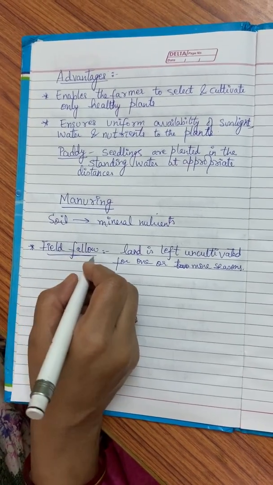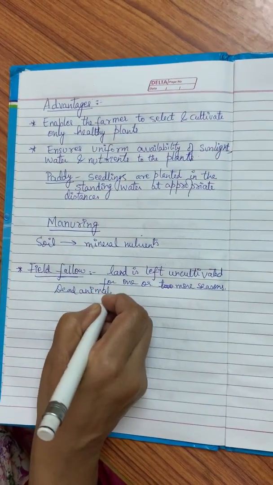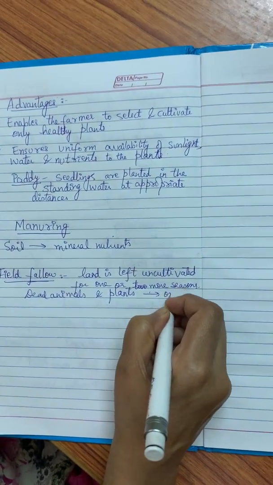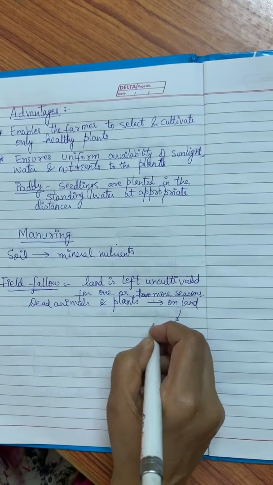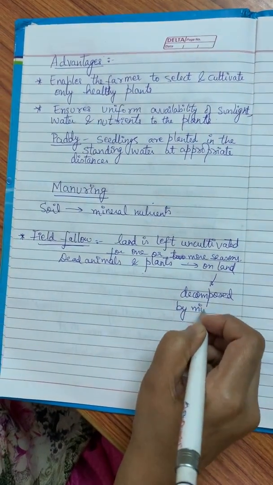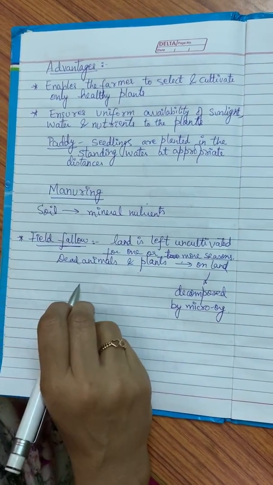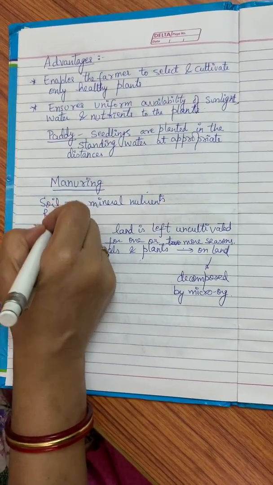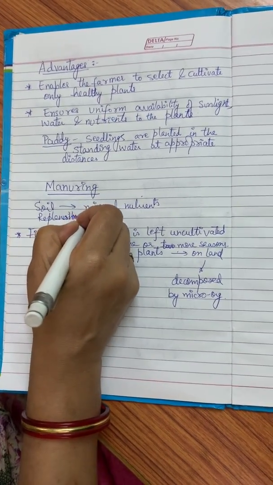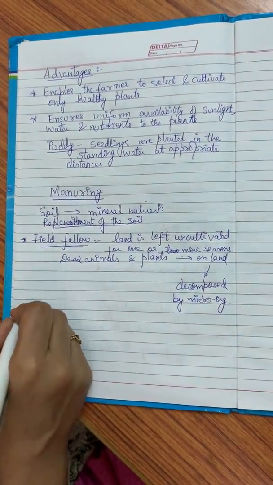Dead animals and plants accumulate on the land, and they are decomposed by the microbes or the microorganisms, one and the same thing. In this way, the nutrients are replenished in the soil. Number one is field fallow.